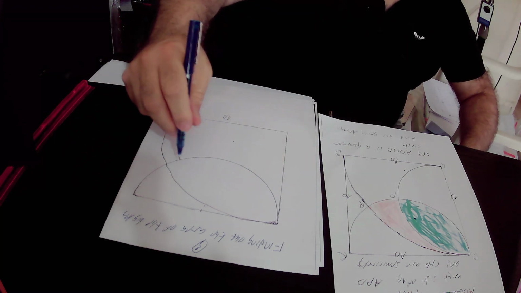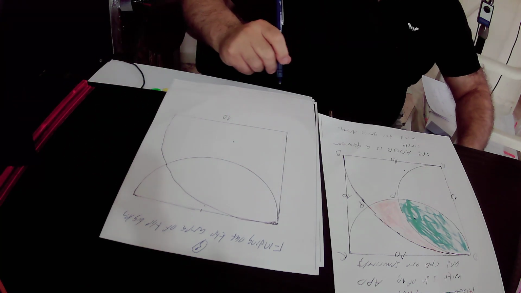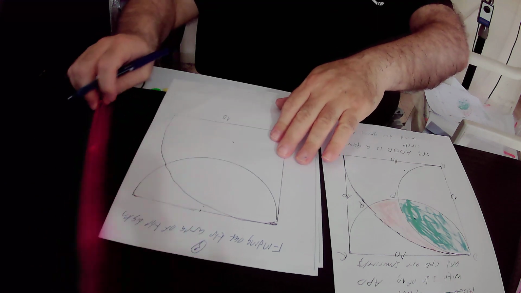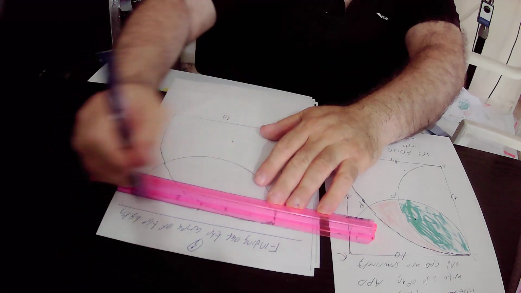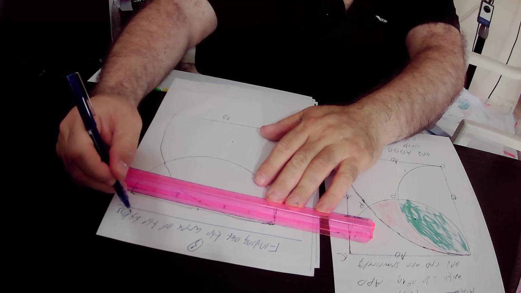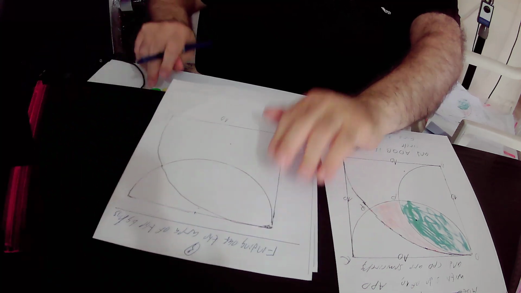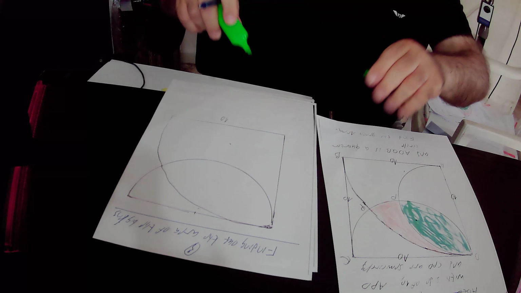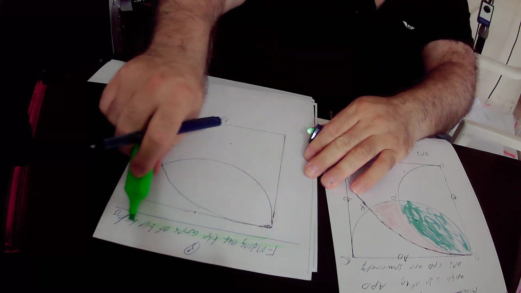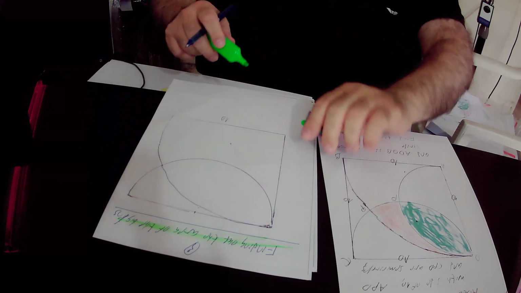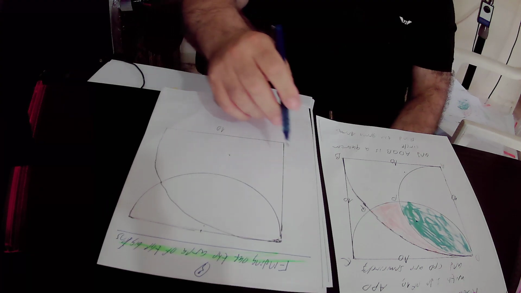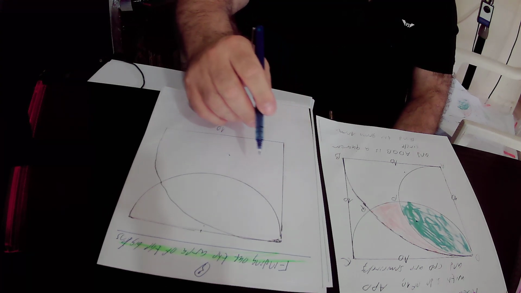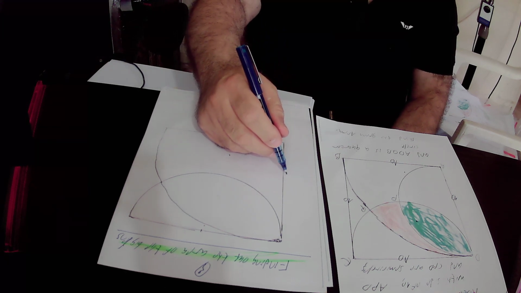Okay. Here the radius of the quarter circle equals 10 units.